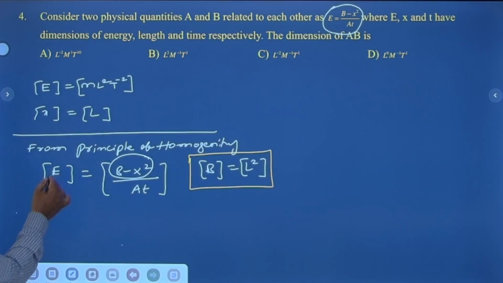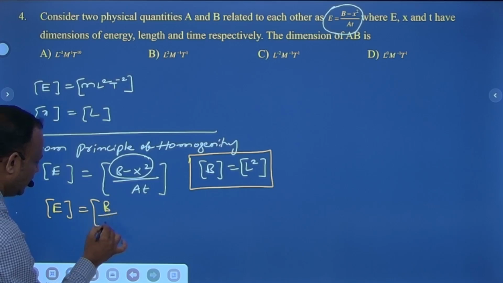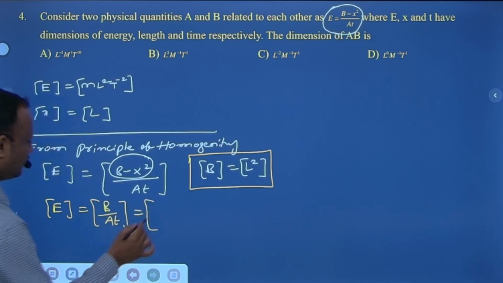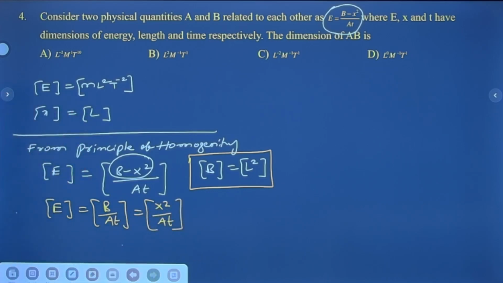Next, I'm equating them. Dimensional formula of E is equal to dimensional formula of B by AT, which is equal to dimensional formula of X square by AT, right?